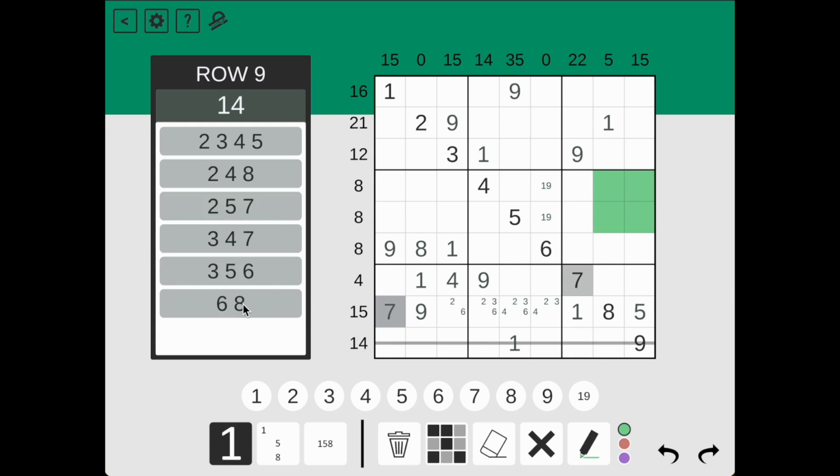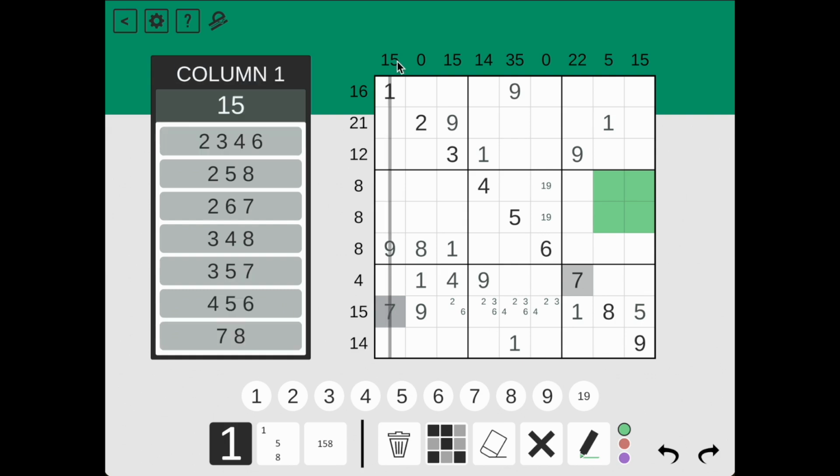Alright, here I have 3 digits that add up to 14. And no further information yet. Okay, here I have 4 digits that add up to 15, which would be 2, 3, 4, and 6.